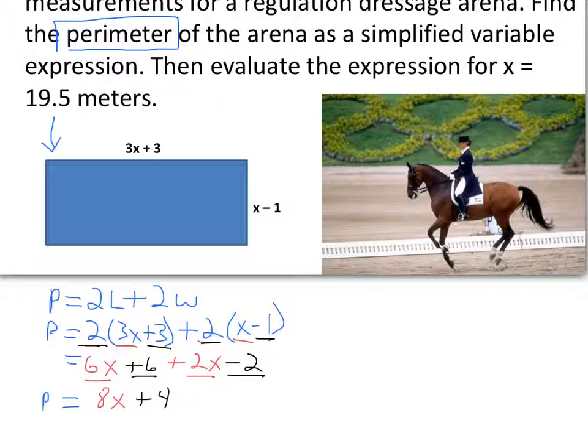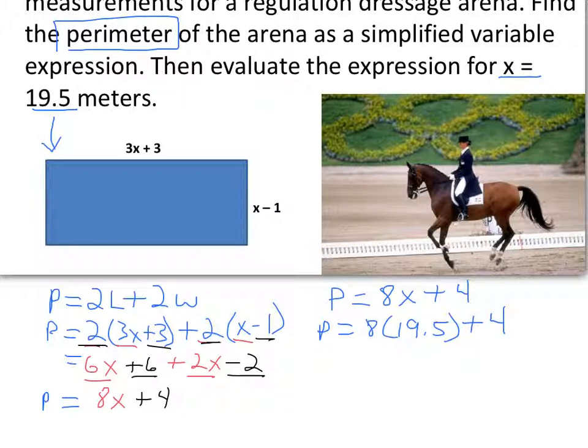Now we're going to use that to find our perimeter, given that x is equal to 19.5 meters. So if we put that into our expression here, it's 8 times 19.5 plus 4.